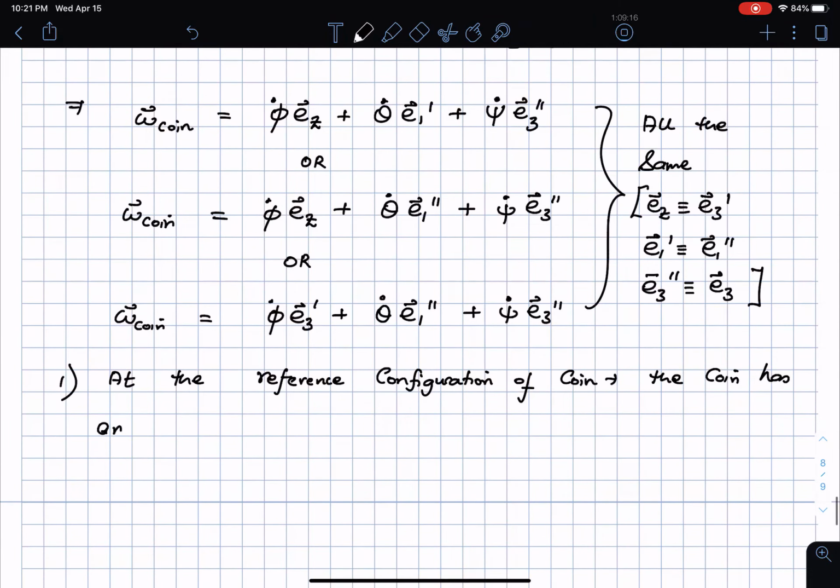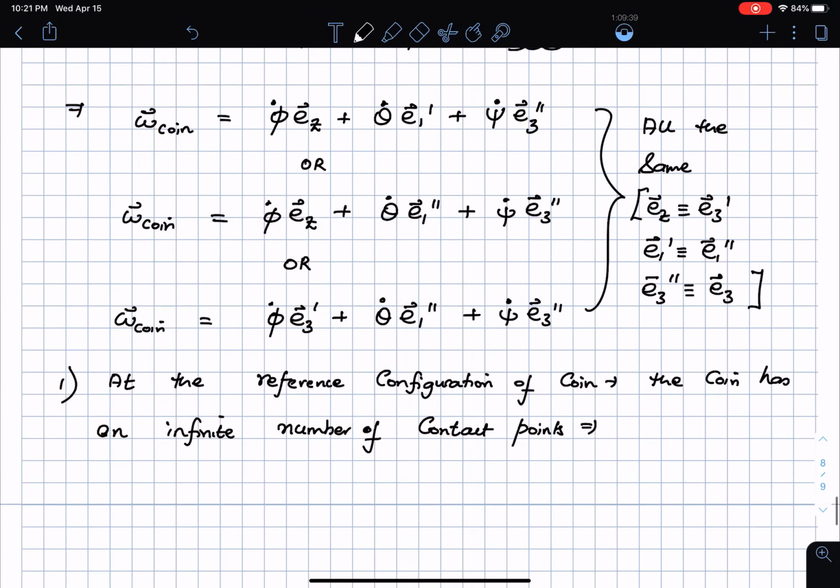The reference configuration of the coin has an infinite number of contact points. Let me express that as contact points, which represents a physical singularity.